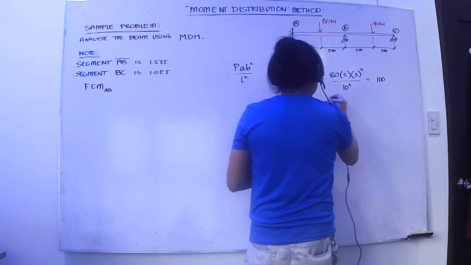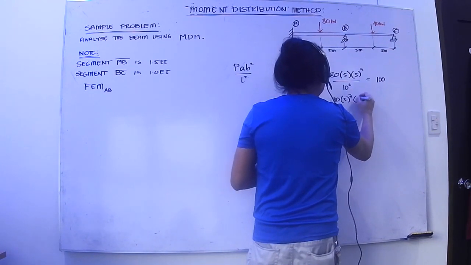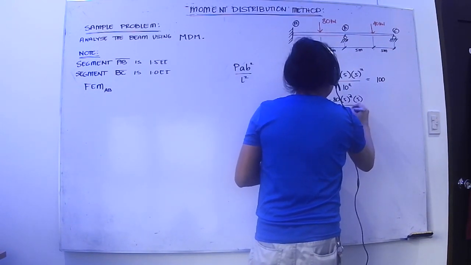Now for FEM BA, the value is negative 80 times 5 squared over 10 squared.